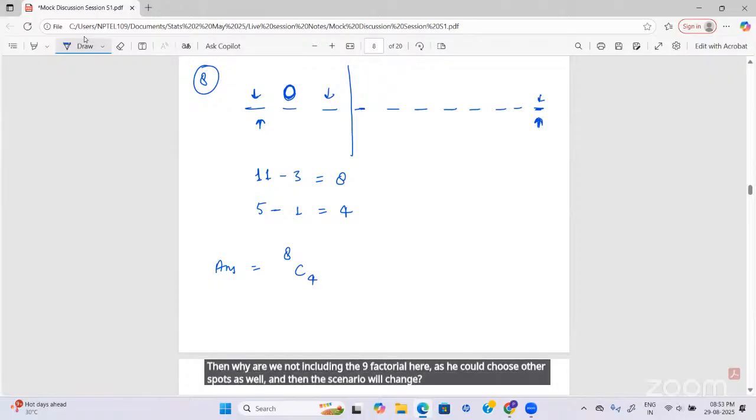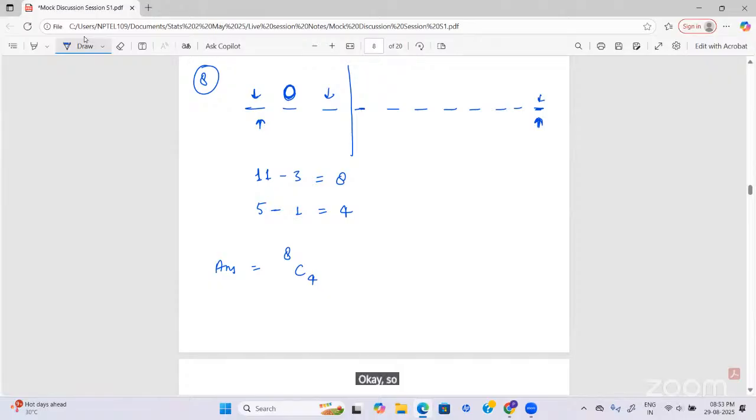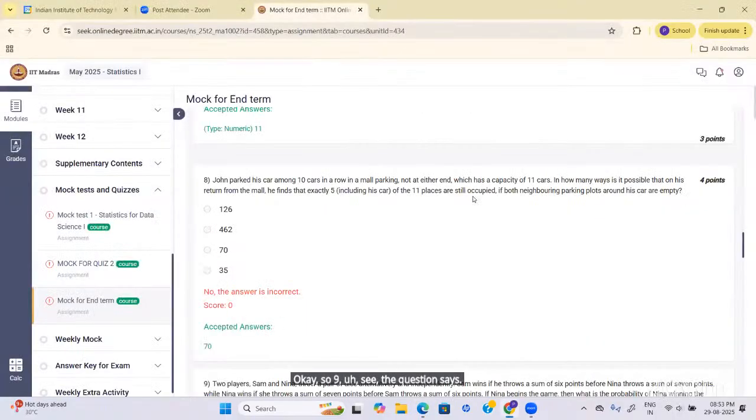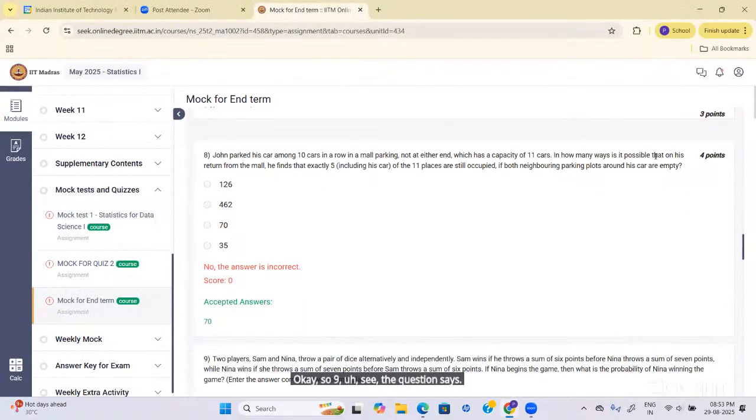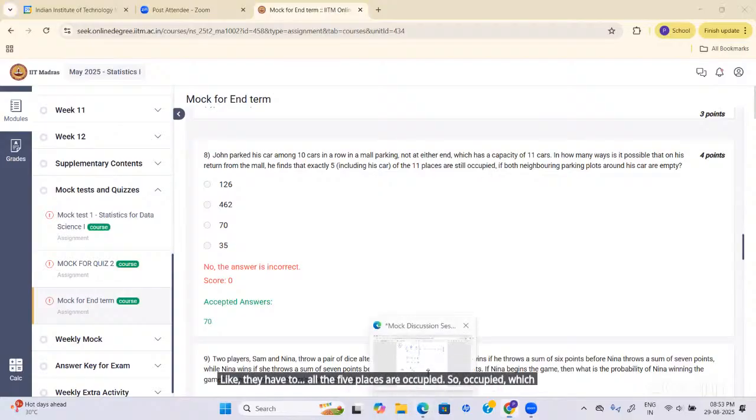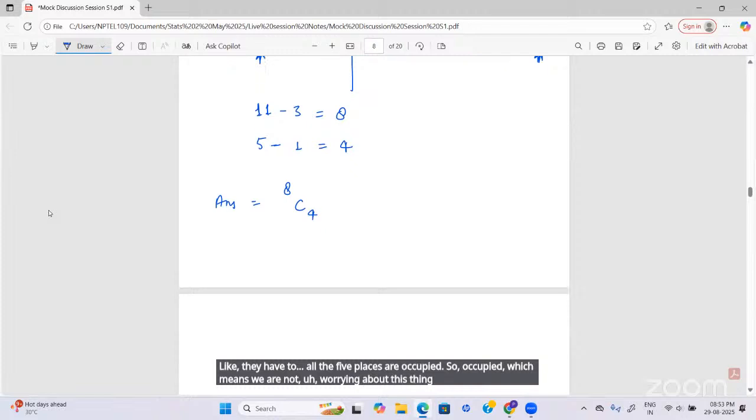Okay. See, the question says: in how many ways is it possible that on his return all the 5 places are occupied. Occupied means we are not worrying about this thing.